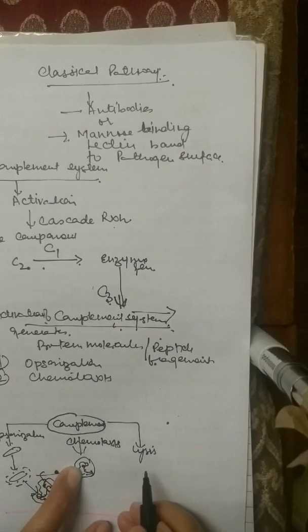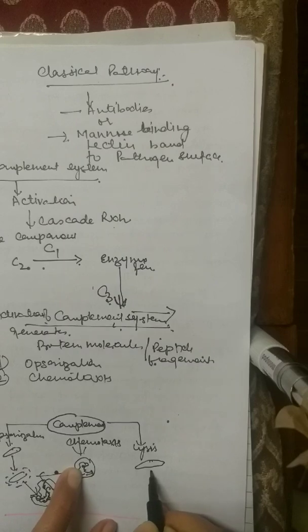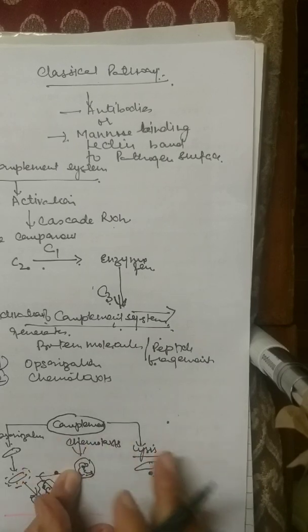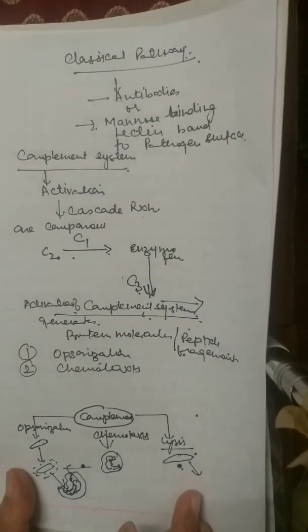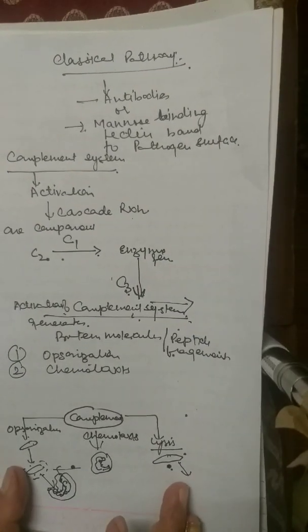That means damage of the plasma membrane of cells, let's say the bacterial cell or enveloped viruses or other organisms; these would be lysed, and that is called lysis. So these are the main three mechanisms by which the complement system operates.